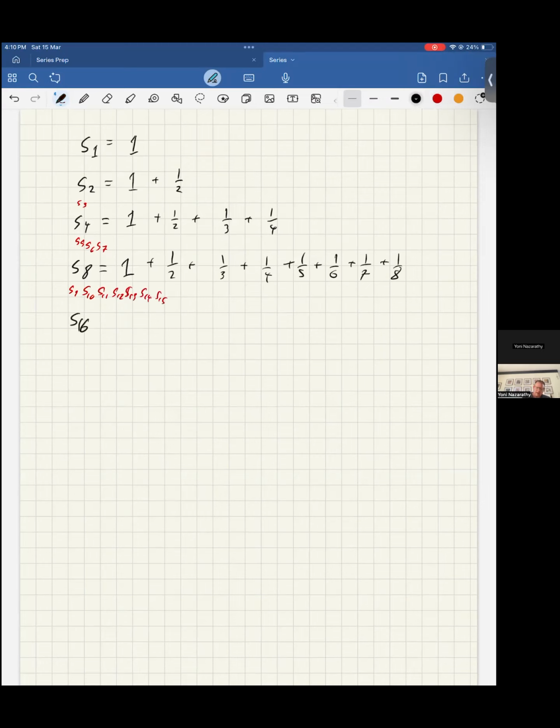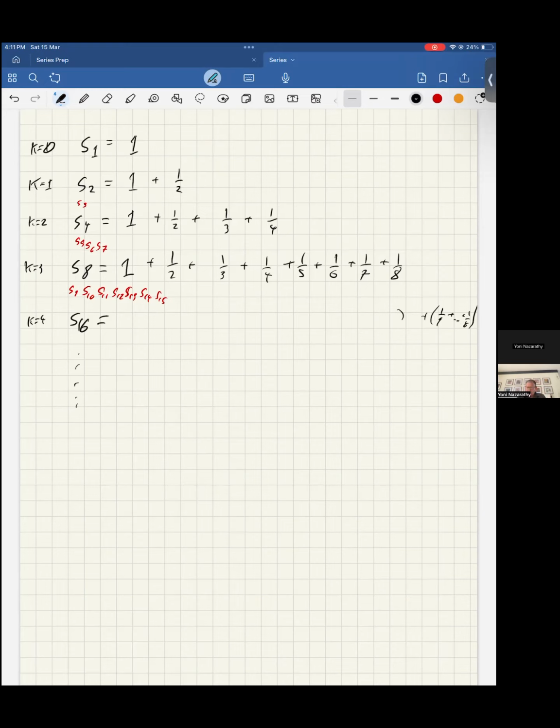So I'm only looking at the subsequence of the sequence of partial sums, with indices 2 to the power k, when k equals 0, 1, 2, 3, 4, etc. This one is just like the previous one plus another big chunk that goes from 1/9 up to 1/16.